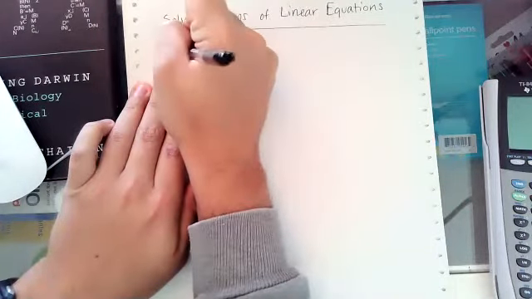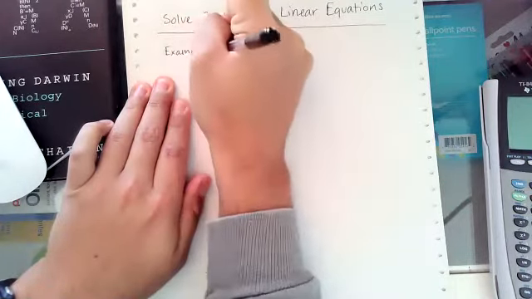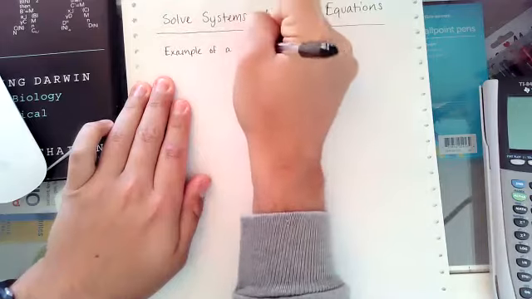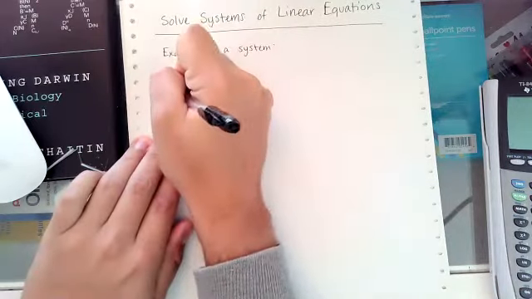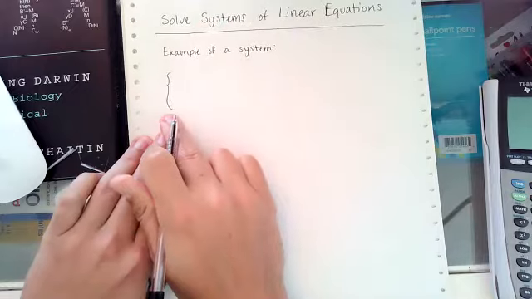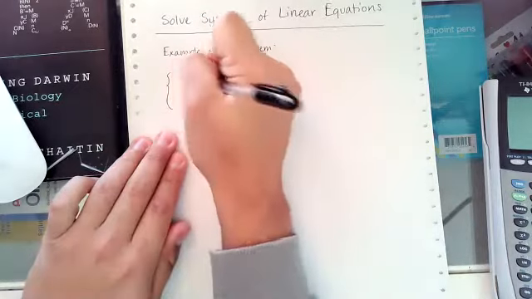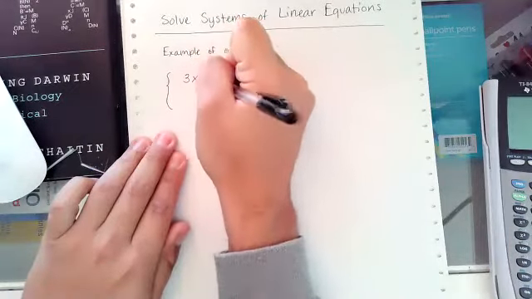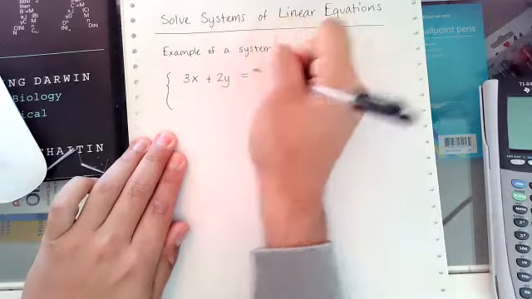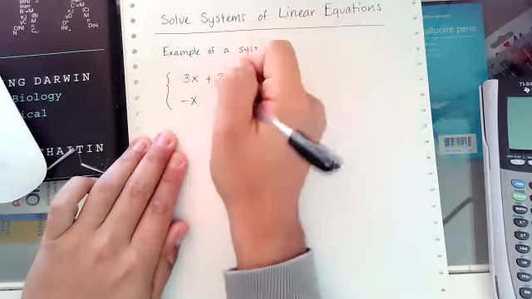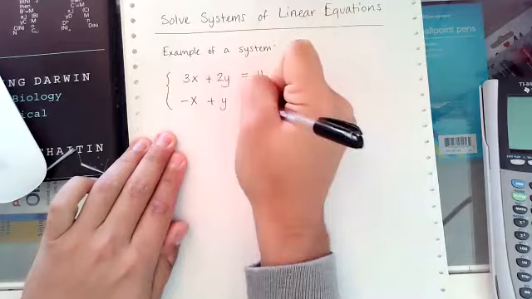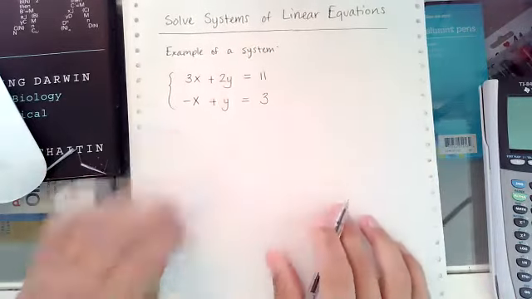Here's an example of a system, and it might be written like this. Sometimes it has the brace, sometimes it doesn't, but really it's just the two equations, like 3x plus 2y equals 11, and negative x plus y equals 3.